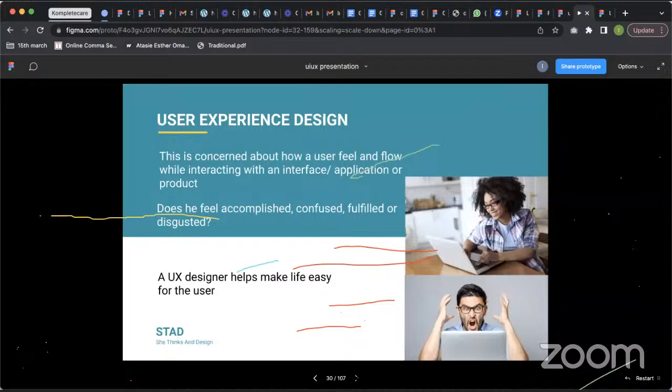As a user experience designer, my work is to make life easy. Even as much as making the form feel easy. That's why most of our university websites, if you look at them, tend to have one long form. You get tired.